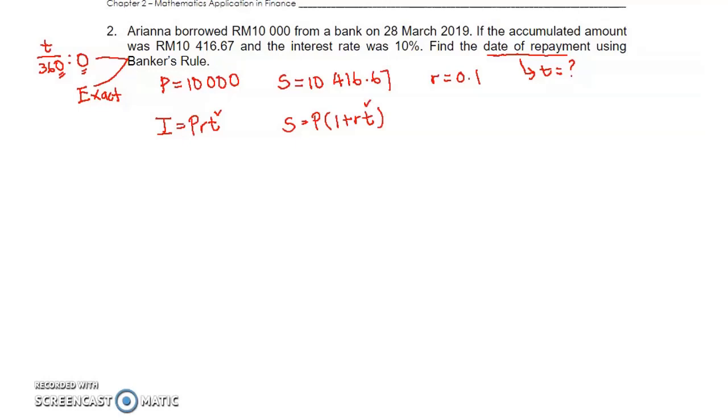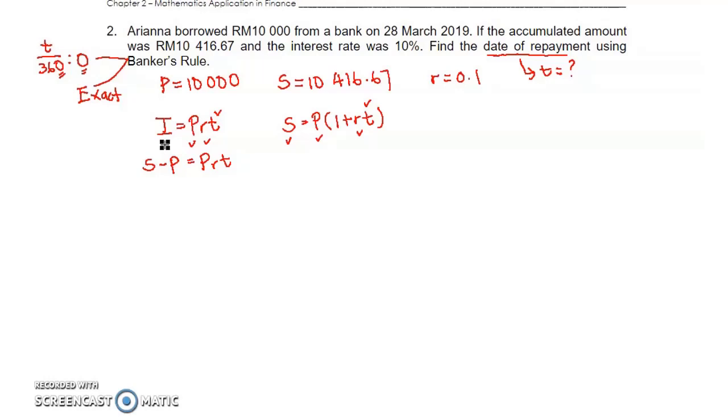We have P also, we have R, and here we also have P, R, and S. And if you look at this formula, I can also be written as S minus P. So in this question, we have S and P as well. So you can use either formula I equals PRT or S equals P(1 plus RT). For simplicity, it is better to use the formula I equals PRT.